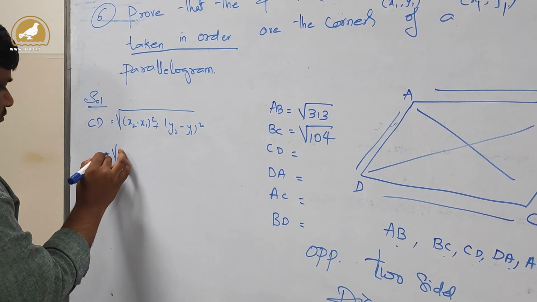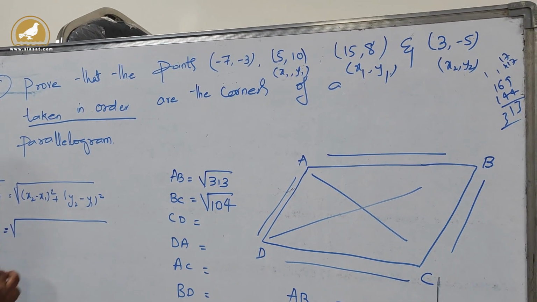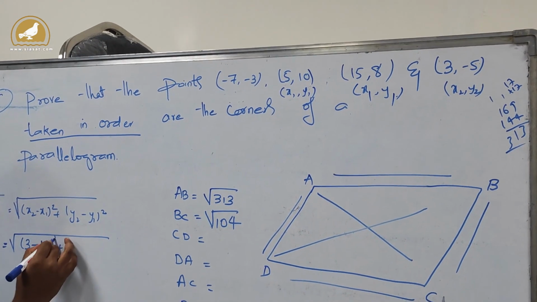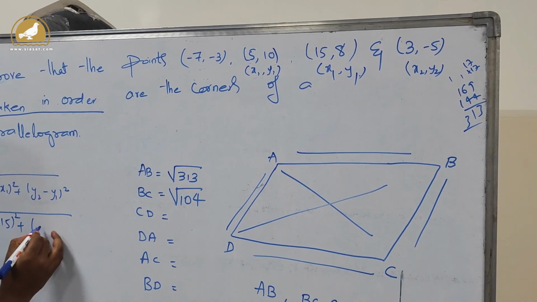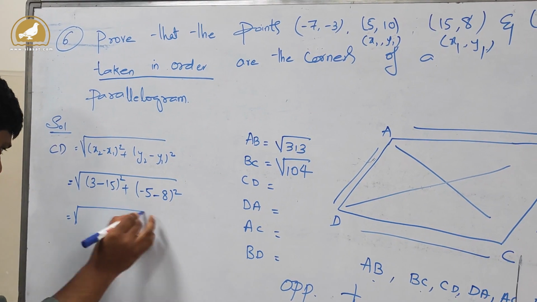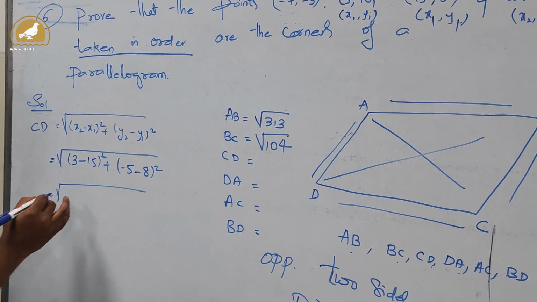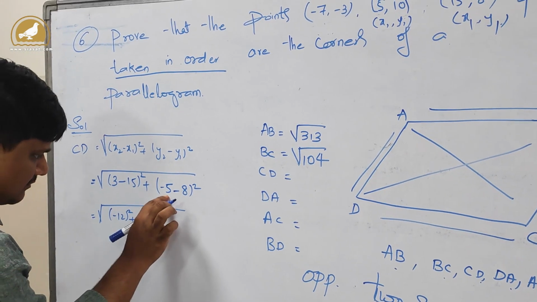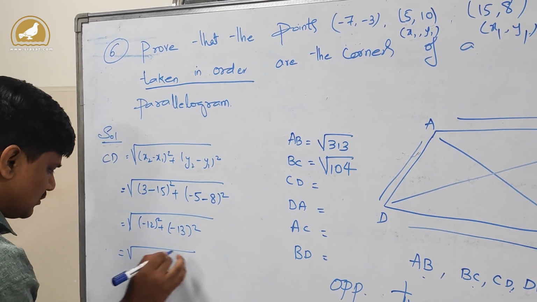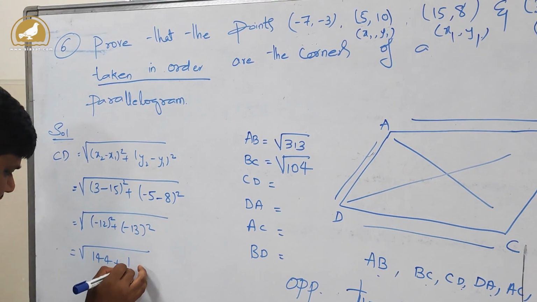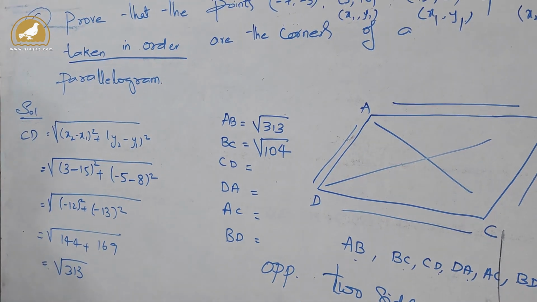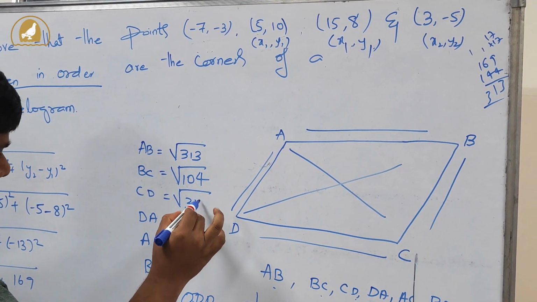The value of x2 is 3, the value of x1 is 15, the value of y2 is minus 5, the value of y1 is 8. 3 minus 15, it is minus 12 whole square, minus 5 minus 8, it is minus 13 whole square. 12 square is 144, 13 square 169, again we get the value of CD as under root of 313.